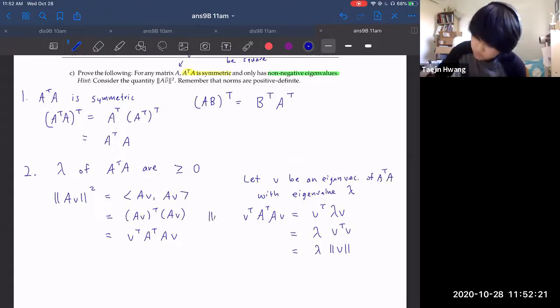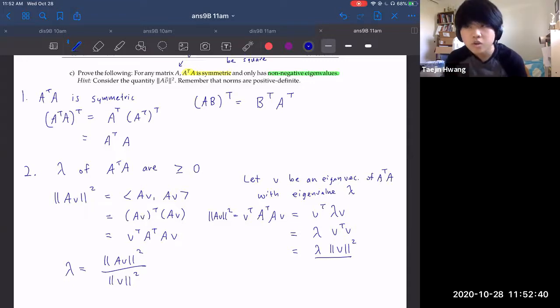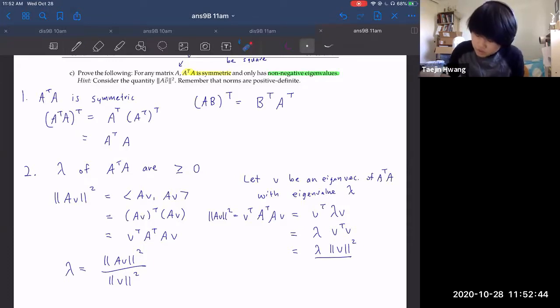And since the norm of AV squared is equal to lambda times the norm of V squared, this tells us that lambda is equal to the norm of AV squared divided by the norm of V squared. And since norms are always positive, and we're squaring these values as well, you'll notice that the eigenvalue lambda will always be greater than or equal to 0.